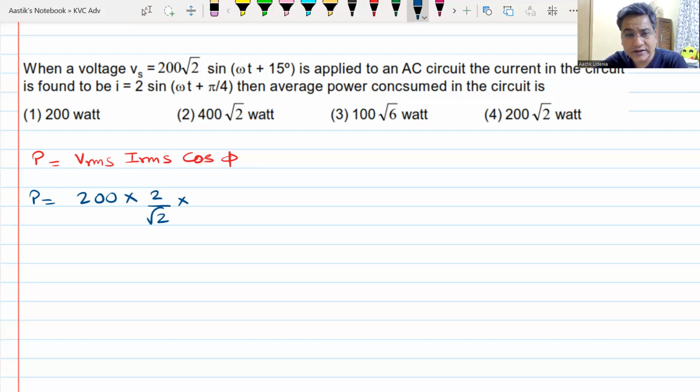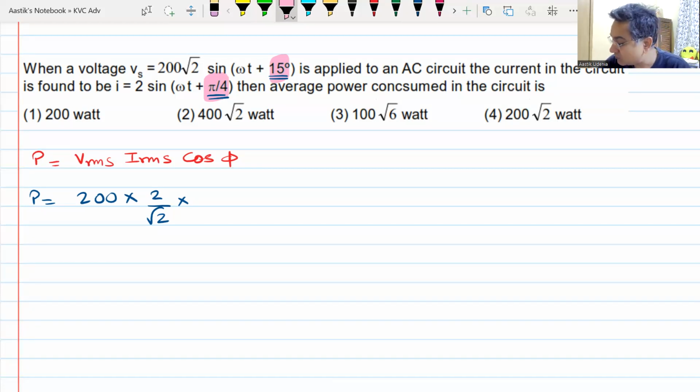Who is leading here, current or voltage? Current is leading. By how much angle is the current leading? Here the initial phase of current is pi by 4, meaning 45 degrees, and the initial phase of voltage is 15 degrees. So the phase difference between current and voltage is 30 degrees.